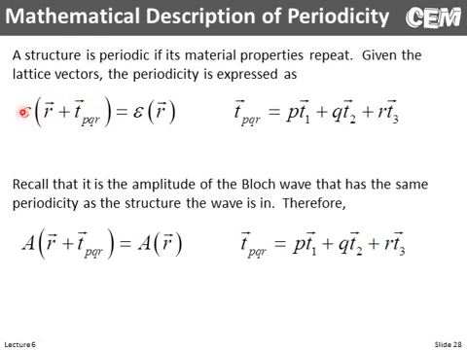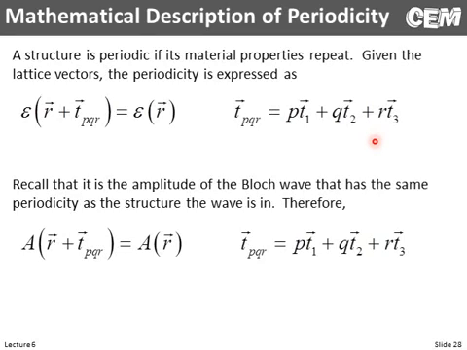If this truly is periodic, we're going to be back at the same point again, as if we did not add this lattice vector. So this is how we mathematically describe the periodicity and symmetry of our periodic structures. And this T, to remind you, can be any lattice vector. It doesn't matter what p, q, and r are, they just have to be integers. They can be negative or positive.